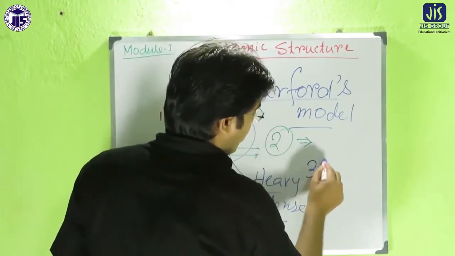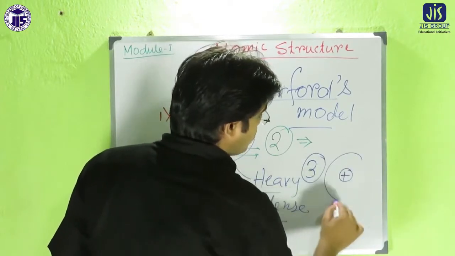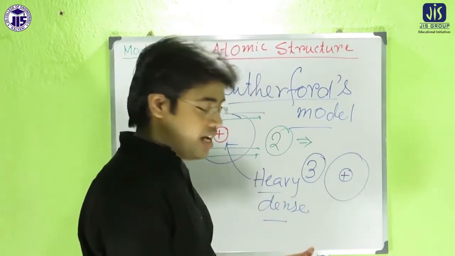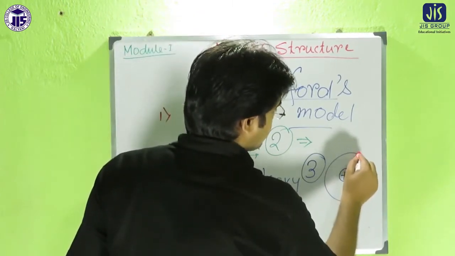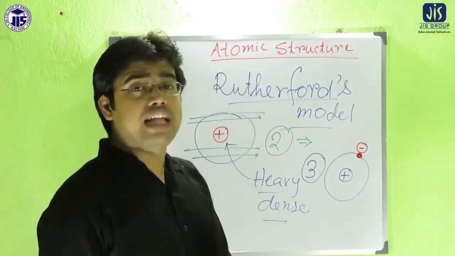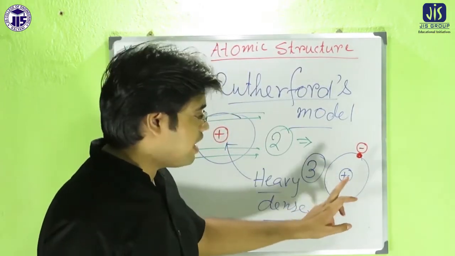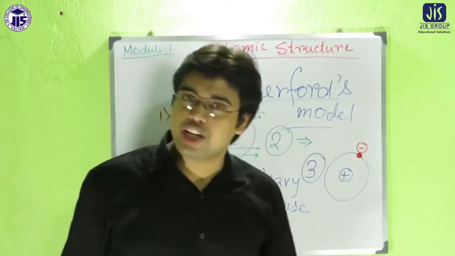The third postulate is also very important. According to the third postulate of Rutherford, electrons revolve around the nucleus, and those electrons are negatively charged. So Rutherford already said that in the center there is a heavy, dense nucleus carrying positive charge.